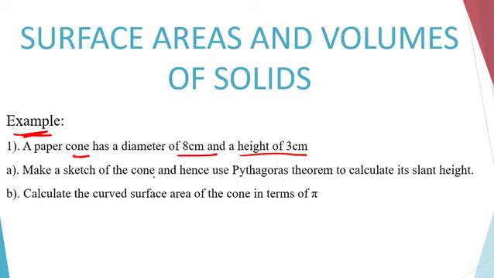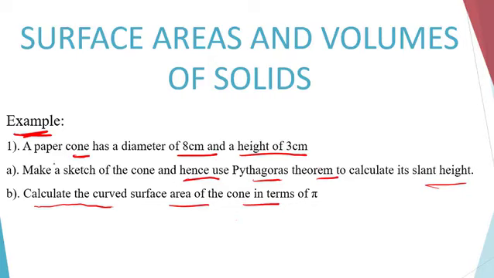Make a sketch of the cone and hence use Pythagoras theorem to calculate its slant height. Then B, calculate the curved surface area of the cone in terms of pi.